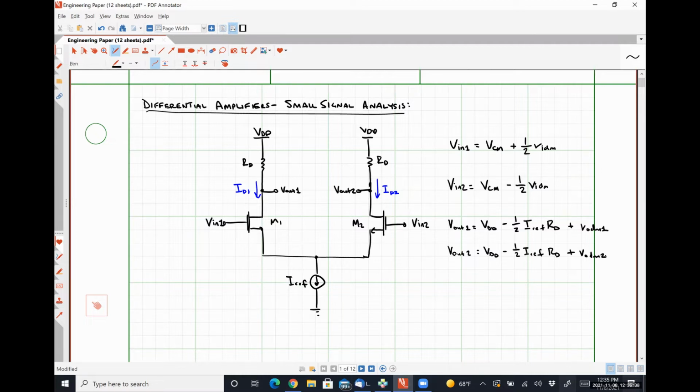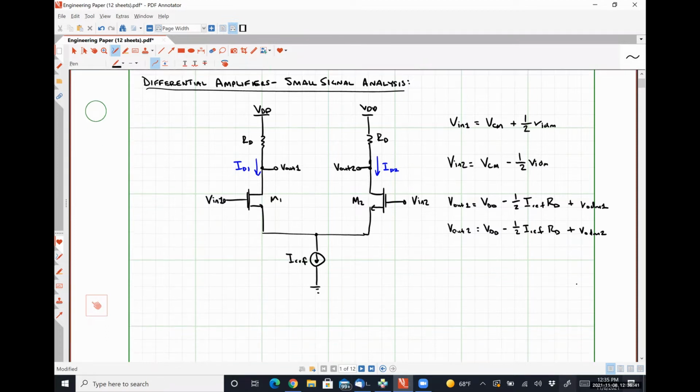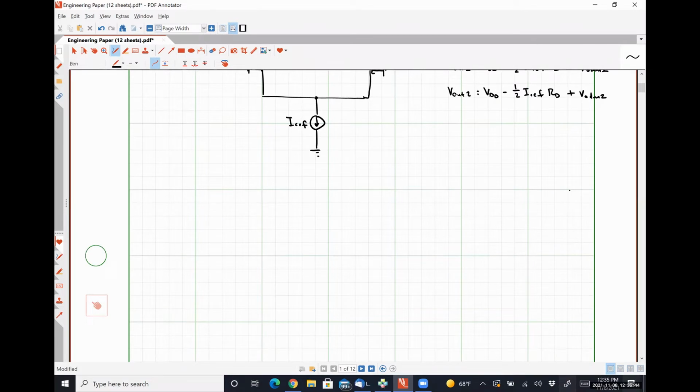Okay. So if we look at this guy at the small signal level, we're going to have something that looks like this. Here's our resistor RD. Here is gm1 VGS1. Here's rout1.